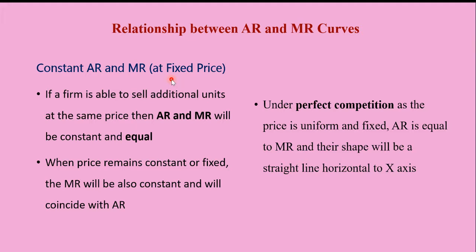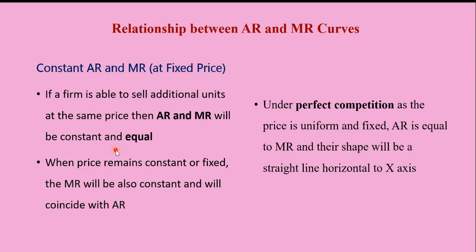If a firm is able to sell additional units at the same price, then AR and MR will be constant and equal. If a firm is able to sell additional units only by reducing the price, then both AR and MR will fall and it will be different. So you have to remember this.